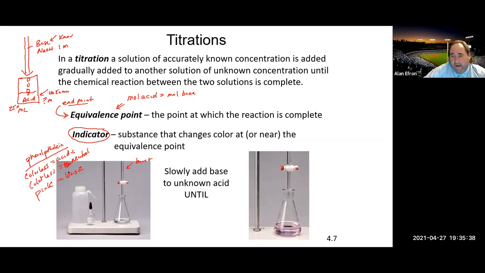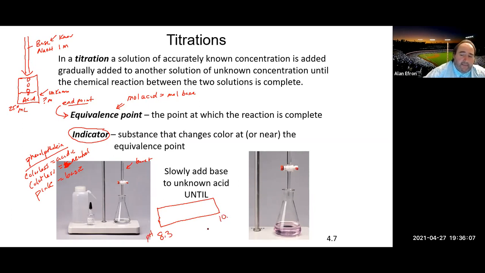This is very helpful for acid-base titrations because, although we don't get into pH and the pH scale here, acids and bases are on the pH scale. And indicators work over a pH range. So phenolphthalein, in this example, works from a pH of 8.3 to a pH of 10.